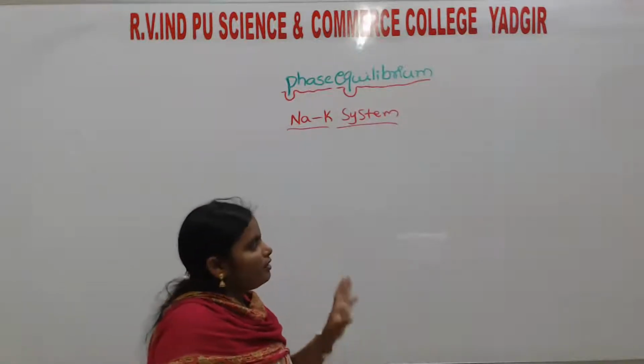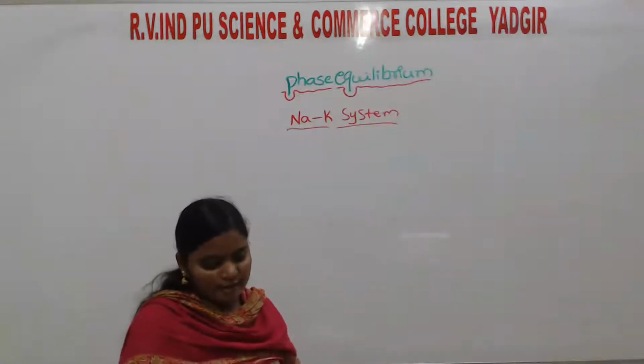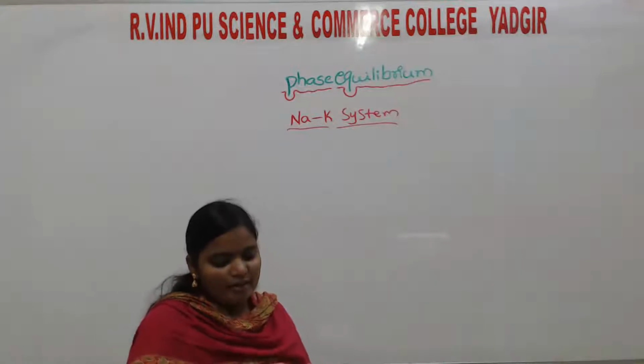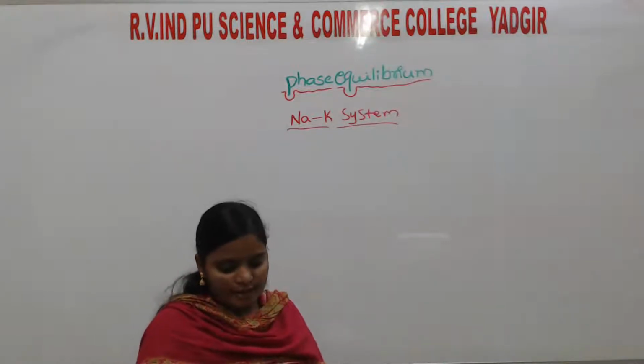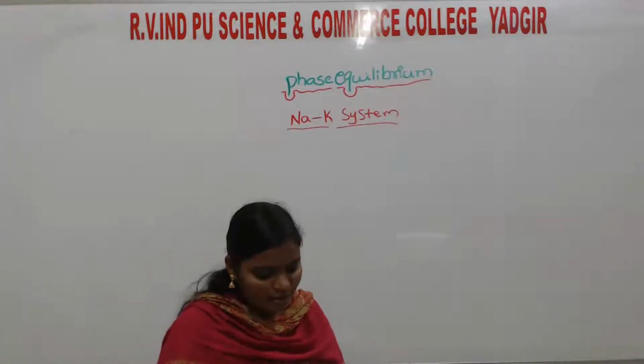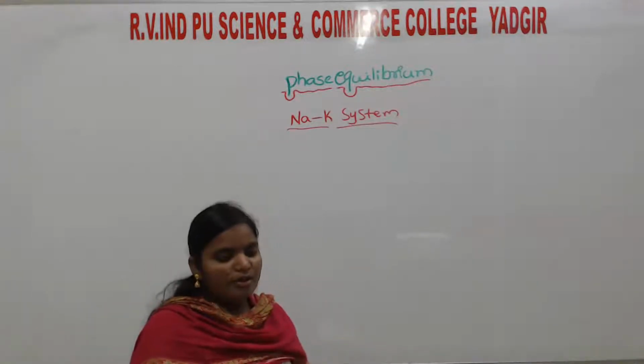You write the first point here: a system, or in brackets a compound, is said to possess an incongruent melting point if it decomposes much below its melting point or forms a new solid phase.